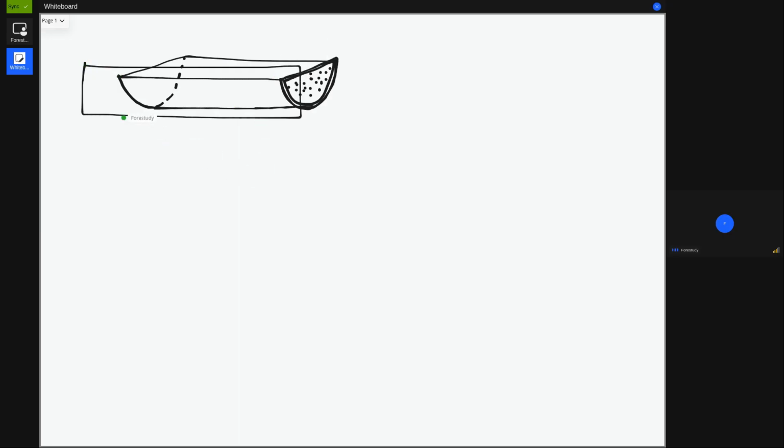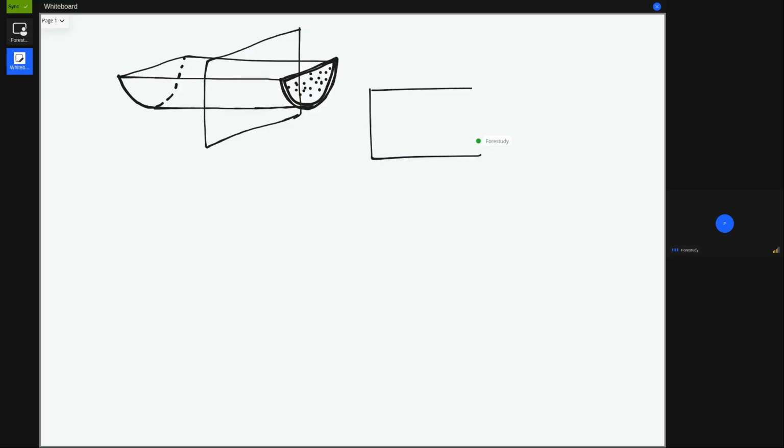But if you are seeing an outcrop having a section like this, with layers like this, and then you are getting a channel like this, a channel deposit filled with sand, then you will say that this is a channel deposit, right?